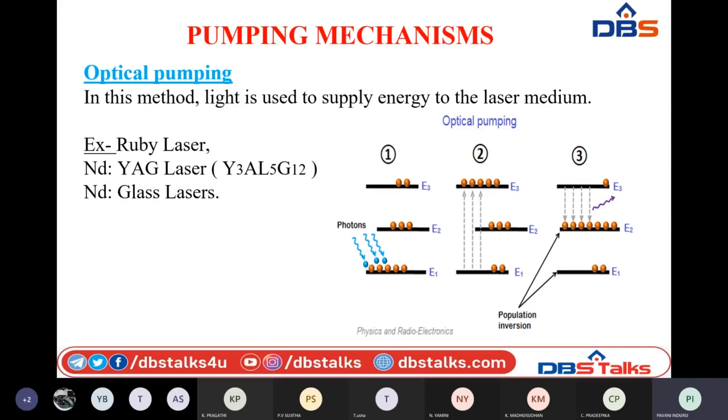Because of that, it comes back to the ground state by emitting another photon. Now two photons will travel in the same direction. Like this, the number of photons will be multiplied. So we will get highly directional monochromatic light from the laser.